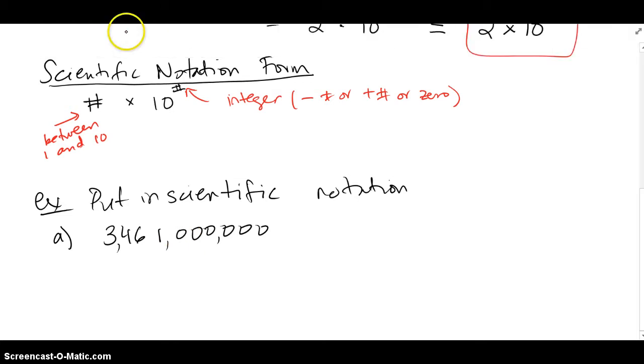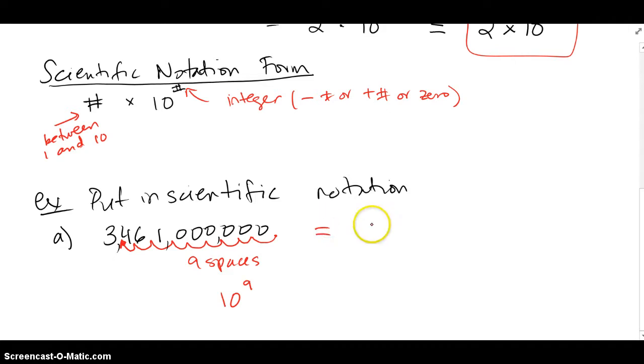It's a large number with many digits, and we start at the end and we see how many times I move the decimal until I get to a number that's between 1 and 10. So 1, 2, 3, 4, 5, 6, 7, 8, 9 is where I stopped. And that's going to give me a power of 10 to the 9th for my number.